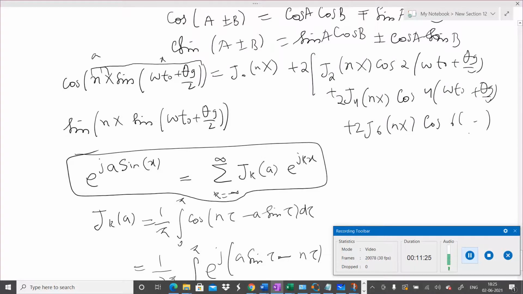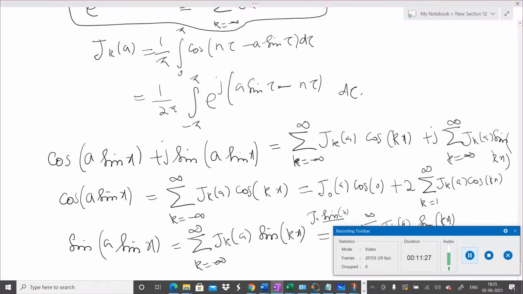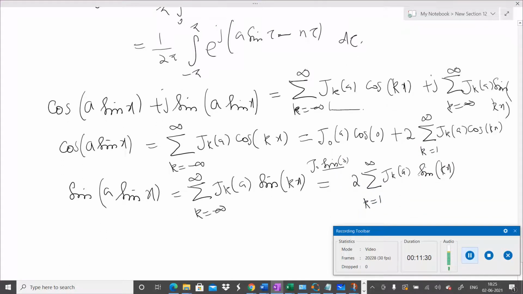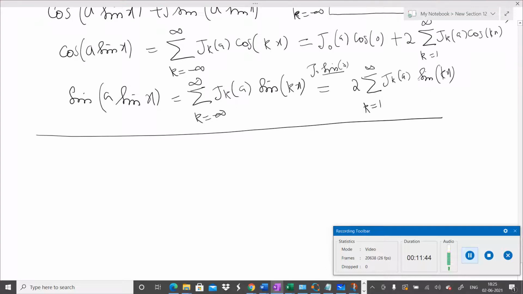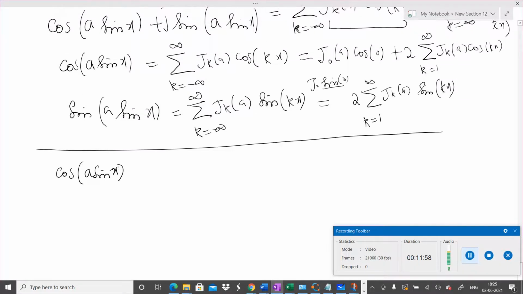These are the even terms. There are some properties of Bessel functions which can be utilized, and we can get an even further simplified expression for the series. You can refer to any basic course on special functions which you might have done in second semester. There you will find this relation that you can easily prove: cos of a sine x is this, which I have written here.